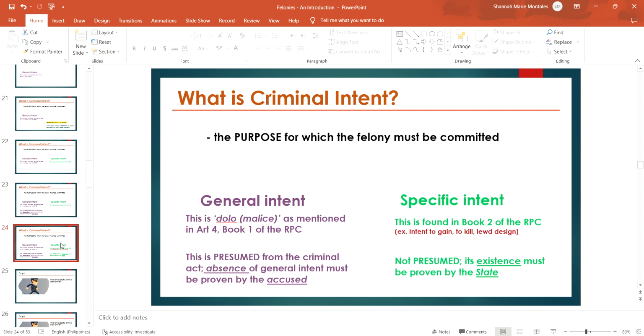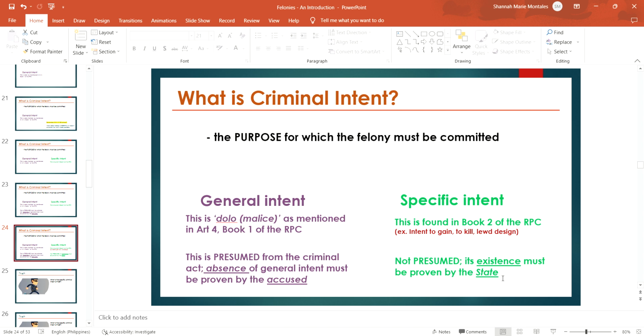How about for specific intent? Ang specific intent, unlike general intent, it is not presumed. So, kailangan pa siyang i-prove. Its existence must be proven by the state. Unlike in general intent, na general criminal mind, presumed ang criminal mind. But itong mga specific intent to gain, intent to kill, lewd design, kailangan i-establish yan ng prosecutor, ng fiscal, ng state.